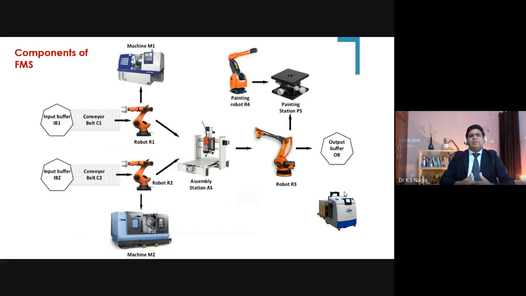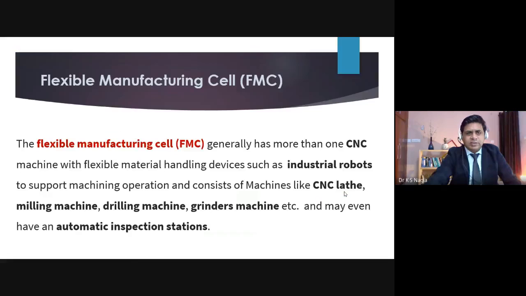In that case, some automated guided vehicles, which are termed AGVs, may be part of a flexible manufacturing system. Now let's consider another important part, the flexible manufacturing cell, which is sometimes a sub part of a flexible manufacturing system.